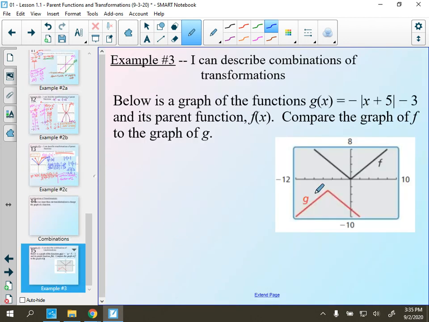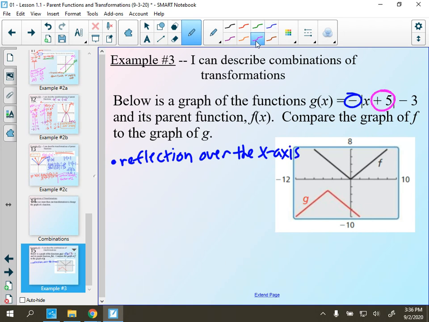What do those do for us? This right here caused a reflection over the x-axis. This right here, the one being done directly to the x, that's my h, which is opposite. It looks like it should be right, but it's actually left.